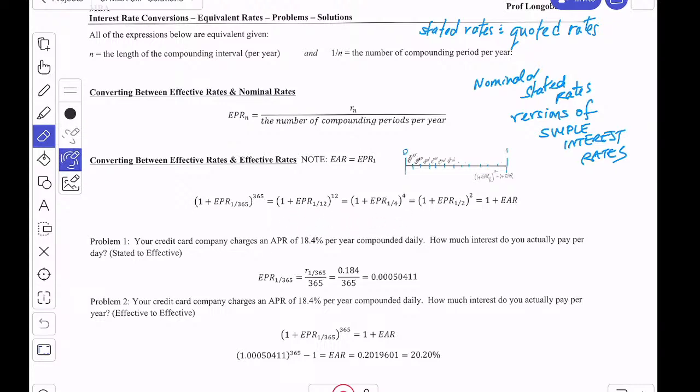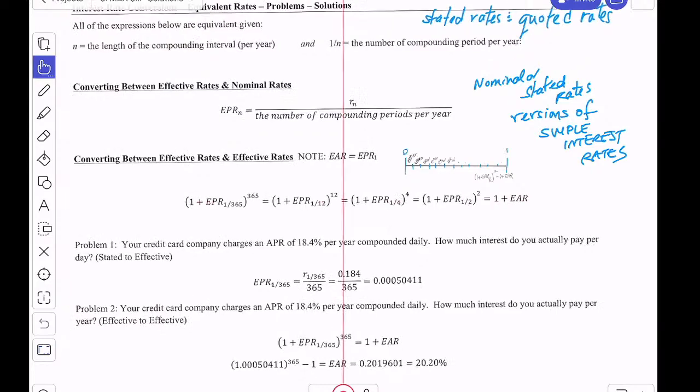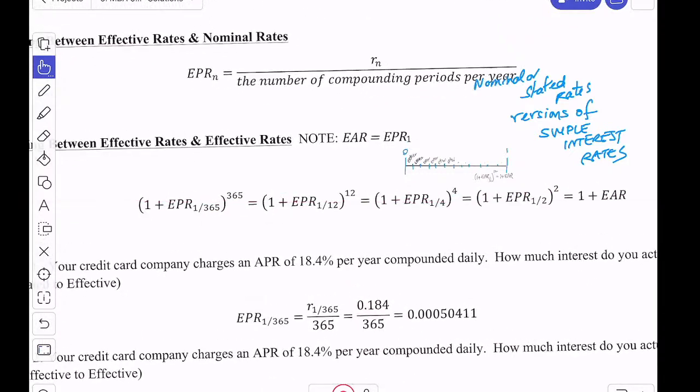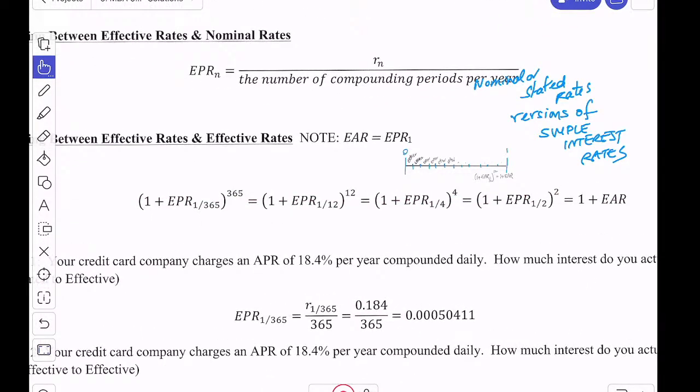You can combine both of these, and I did see some of you doing that. For instance, let's say for the mortgage you were given information on the quoted mortgage rate, and you know you want to divide by 12 first.